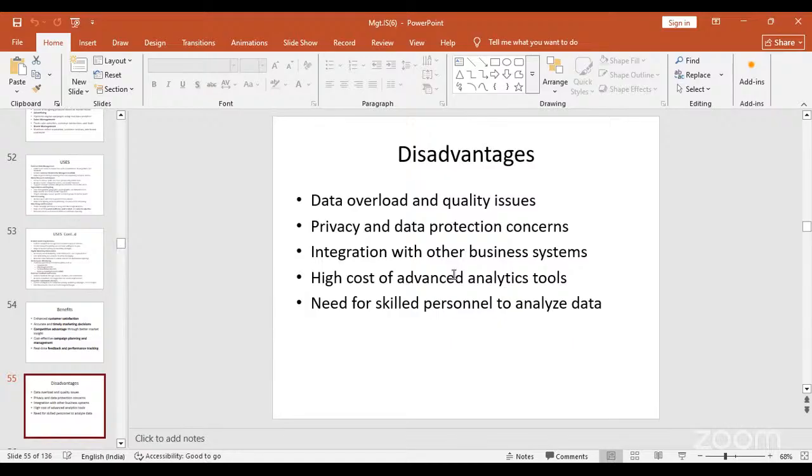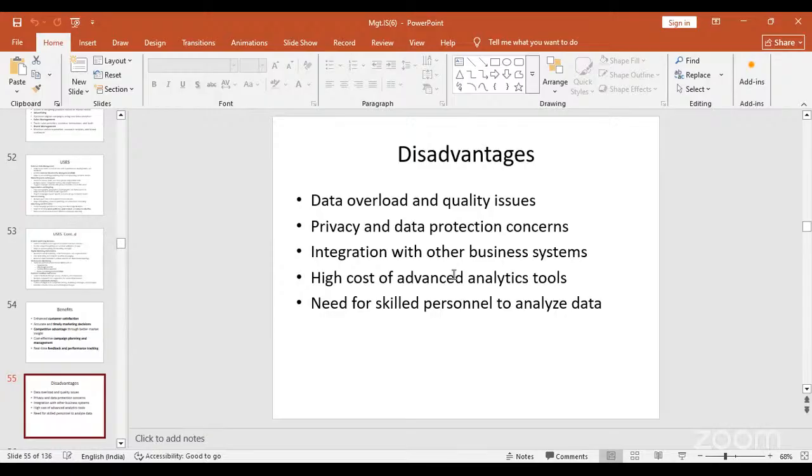There is also a need for skilled personnel to analyze the data, because different behaviors are there from different customers, different competitors, etc.